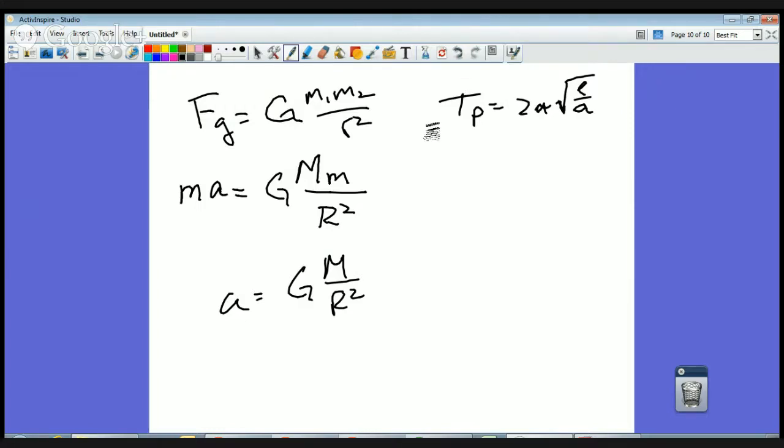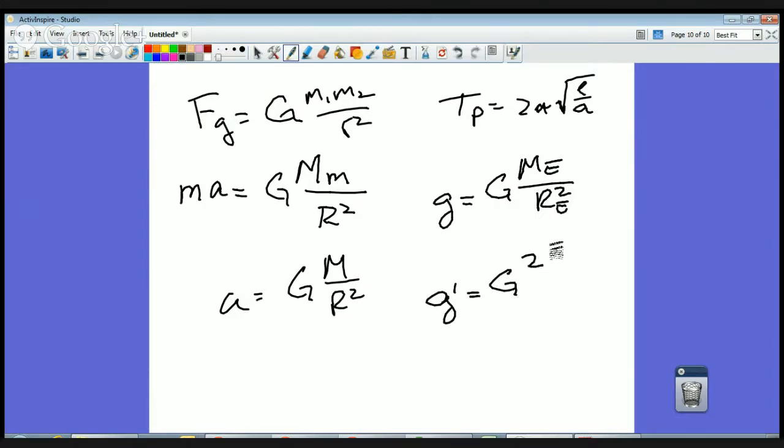So let's say we are on Earth. So G is big G, mass of Earth, radius of Earth squared. And then they tell you we're going to go to a different planet. So I'll call it G prime, where the mass is doubled and the radius is, let's say, tripled. So what you end up with is 2/9 of big G ME over RE squared.